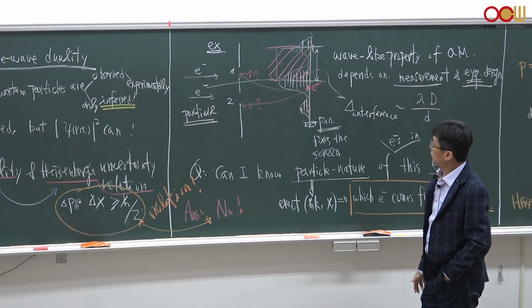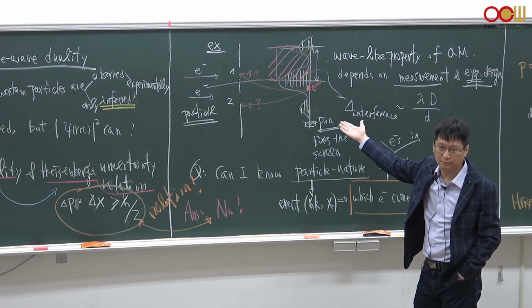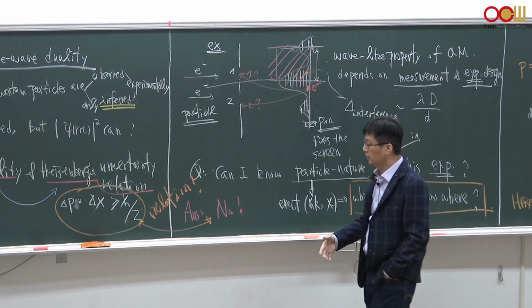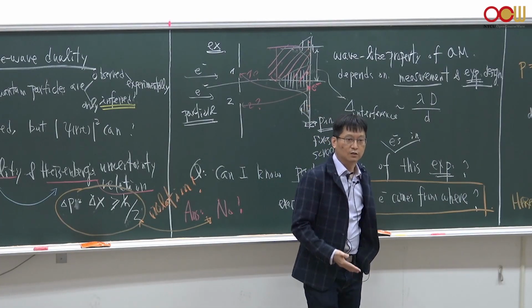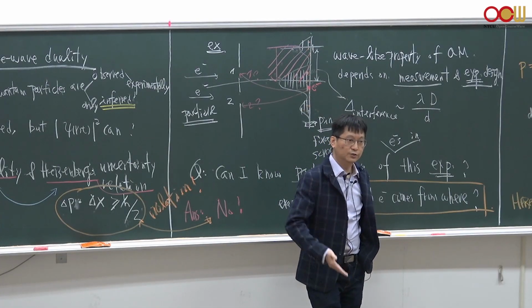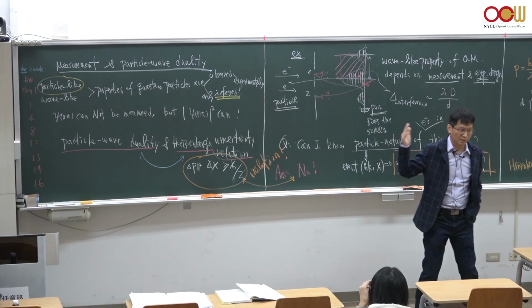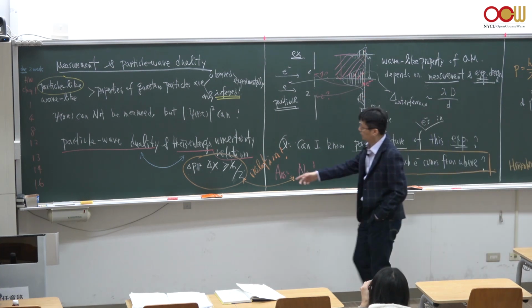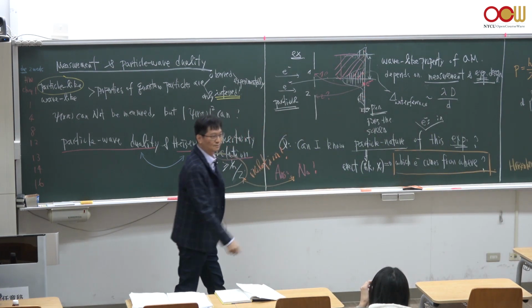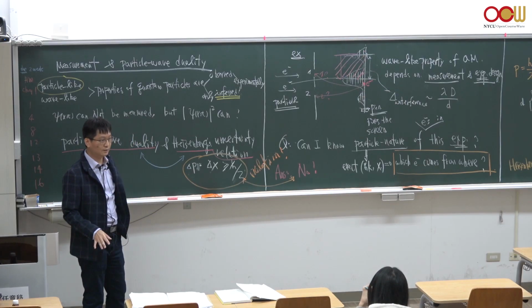Of course, you could design another experiment to see the particle nature of the quantum matter, and if you do so, then the wave property is gone. By the same reason, if you want to know both, then you violate the Heisenberg uncertainty relation, which is a more fundamental limitation in quantum mechanics.